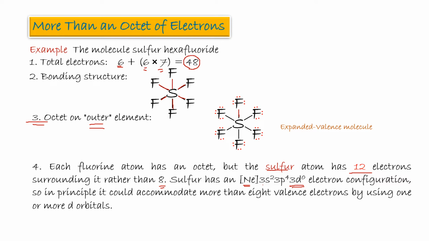So in principle, it could accommodate more than 8 valence electrons by using 1 or more d orbitals. Remember that the d subshell contains 5 orbitals. Each one can accommodate 2 electrons.